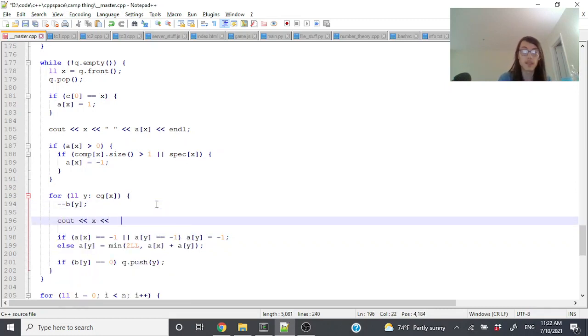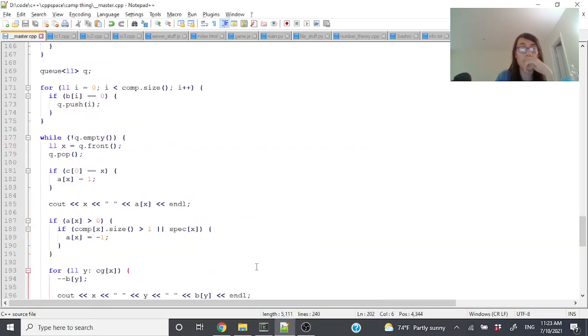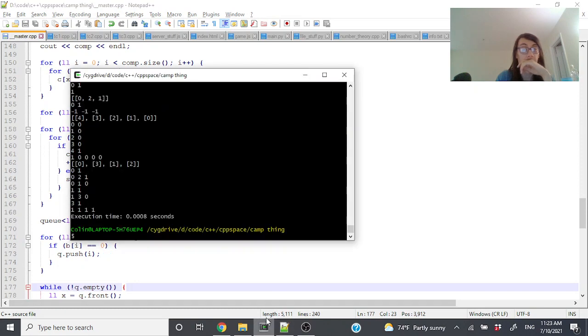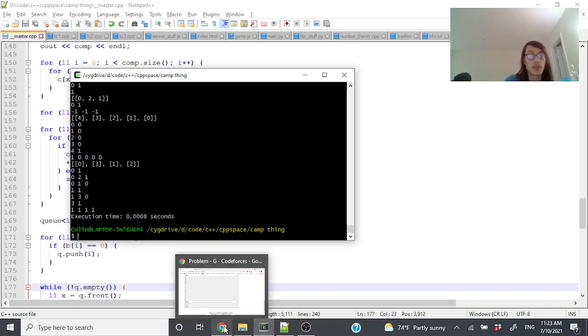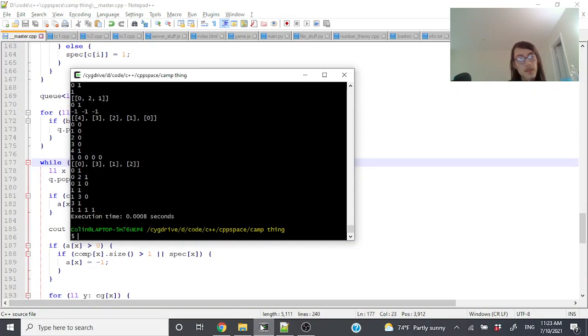C out x, y, b, y, and O. So there's no edge from 1 to 2. And the reason is why?